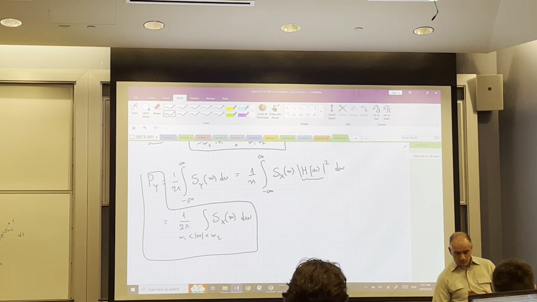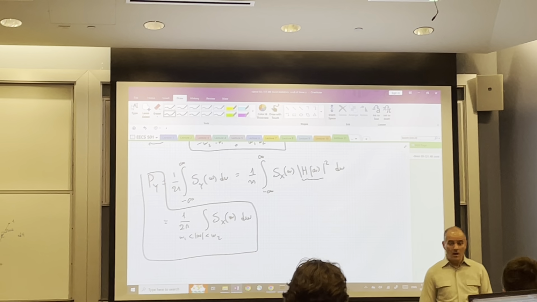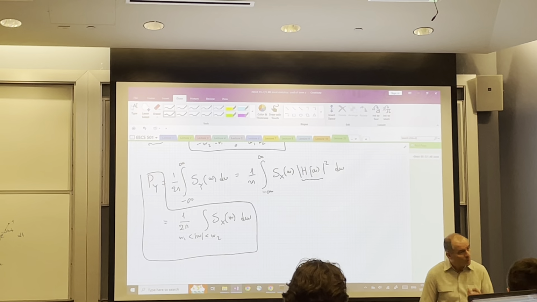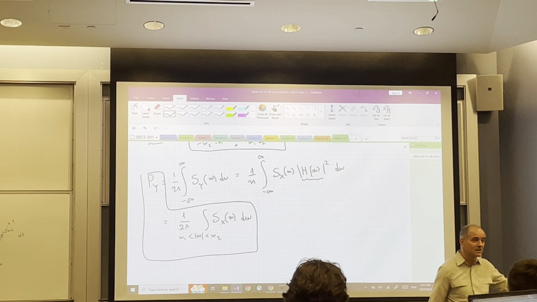See, in our undergrad years as engineers, we learn how to deal with deterministic signals and we come up with Fourier transforms and all that. But most of the signals that we actually process in real life are not deterministic signals. Nobody cares to measure a sensor which is a deterministic signal. If it was a deterministic signal, then I wouldn't want to sense anything, right? I would know it. Everything is random.